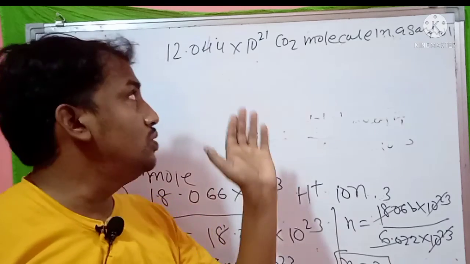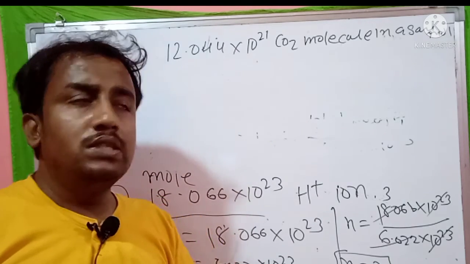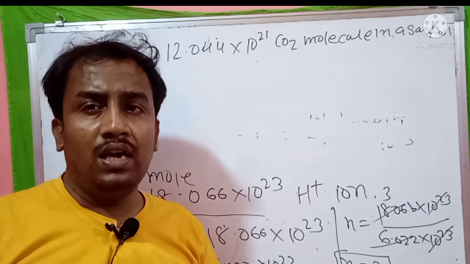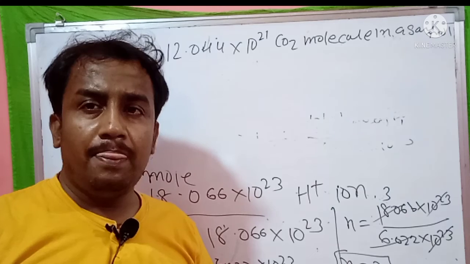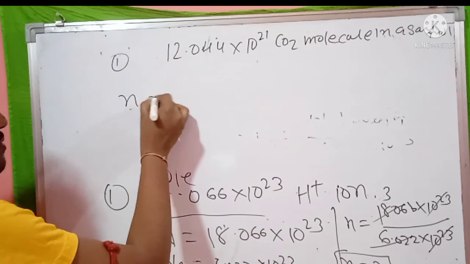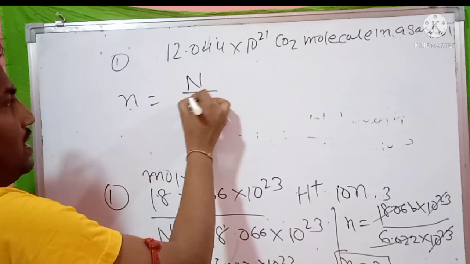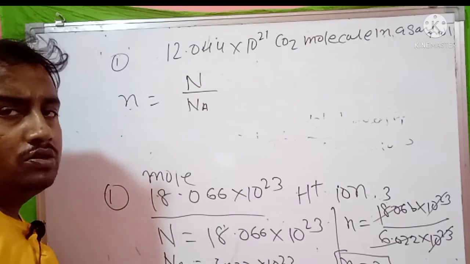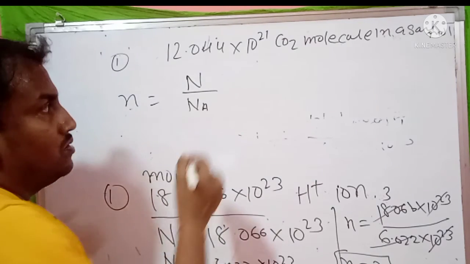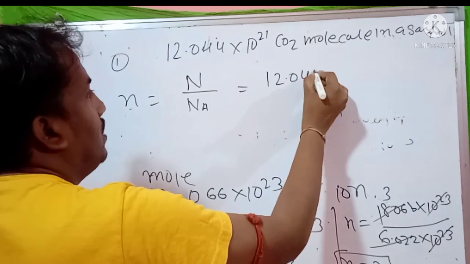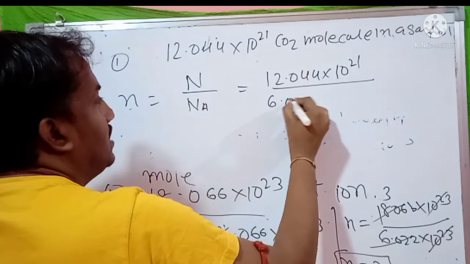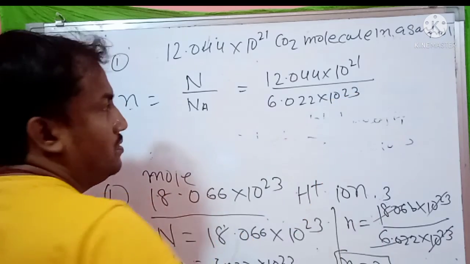Your father asks you how many moles of CO2 molecules are present in your room. We have seen the formula: moles is equal to capital N upon Na, where capital N is the total number of particles and Na is the Avogadro number. So we divide 12.044 into 10 raised to the power 21 by 6.022 into 10 raised to the power 23.